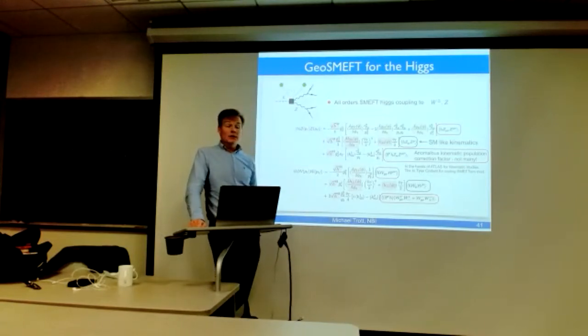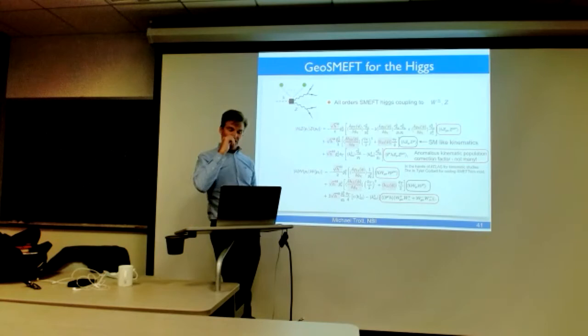You can write down the dimension 6 operator if you don't use the equations of motion reduction. But what will happen when you construct the full amplitude is a cancellation. What you're reaching towards is the fact that when you do the Warsaw basis and you do the derivative reduction, the equation of motion reduction in the first place, you make manifest a cancellation that will happen at the amplitude level, because you reduce those derivatives.